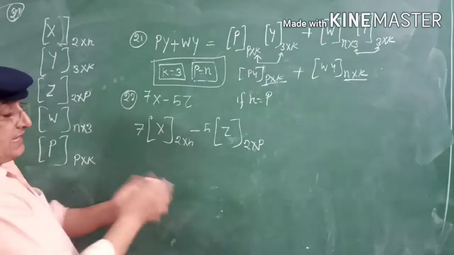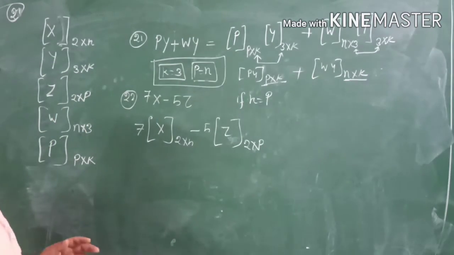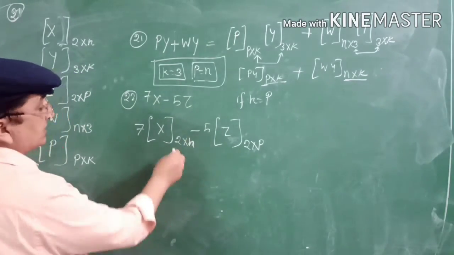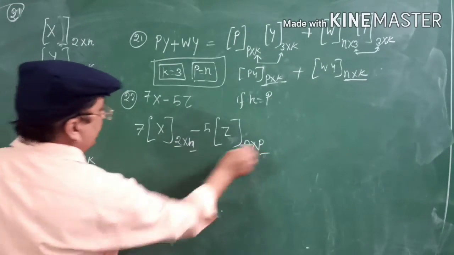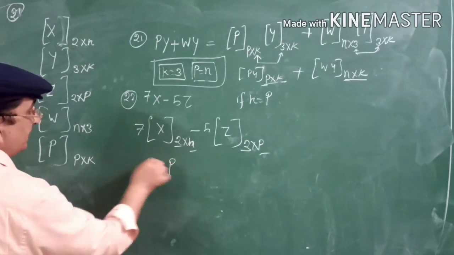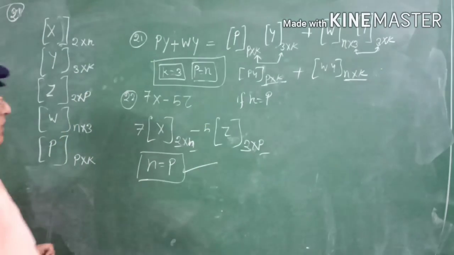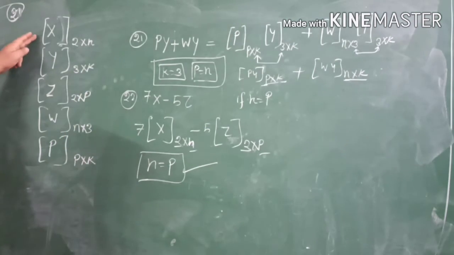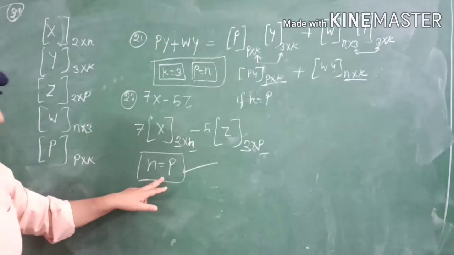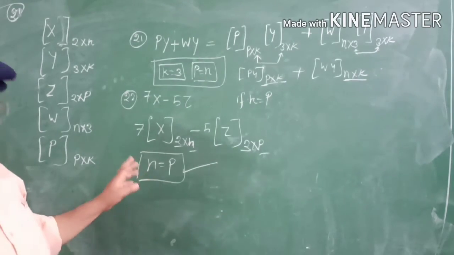It means the addition or subtraction of matrices is possible only when the order is the same. 2 is equal to 2 and n equal to p. So n equal to p will come, and it is already given n equal to p. This is the right answer of this question.